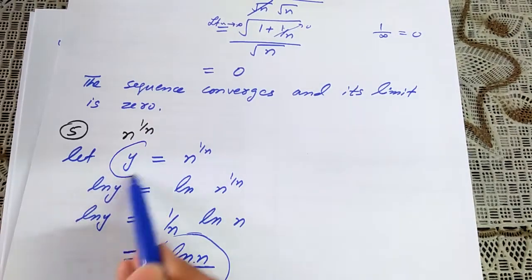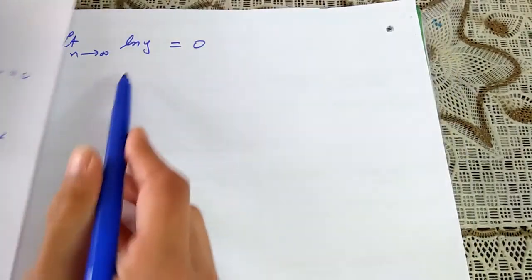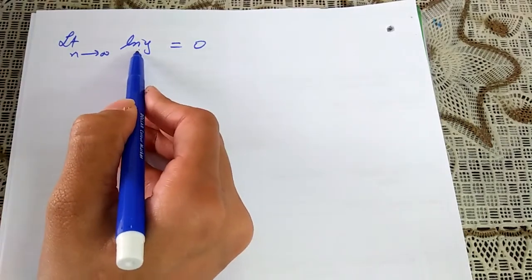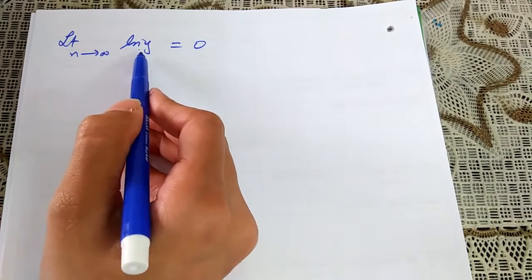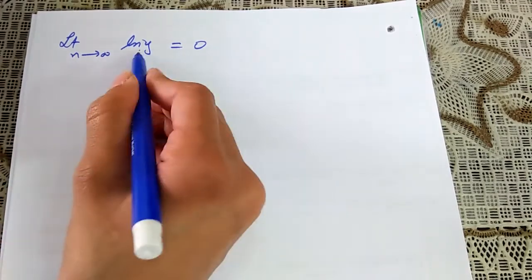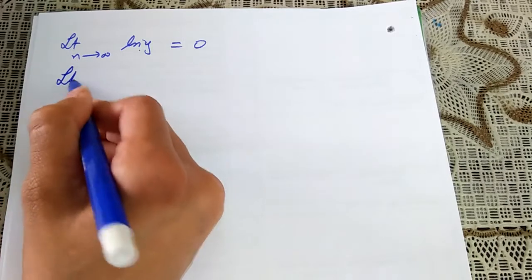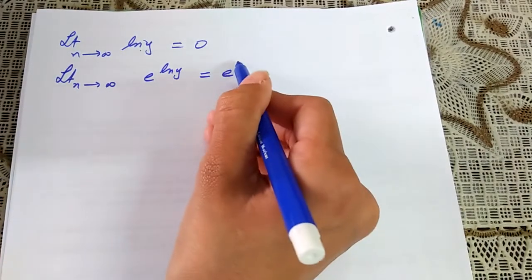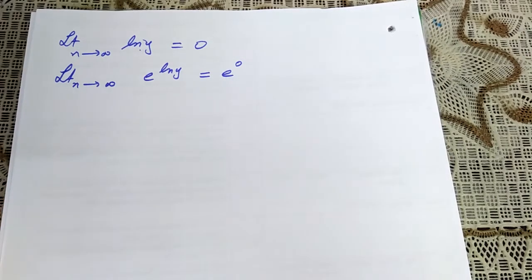Now in our question we had y, not ln y, so we need to remove the ln. We can remove this ln by taking the exponential. Taking the exponential on both sides, we get limit n approaches infinity of e raised to power ln y equals e raised to power 0.